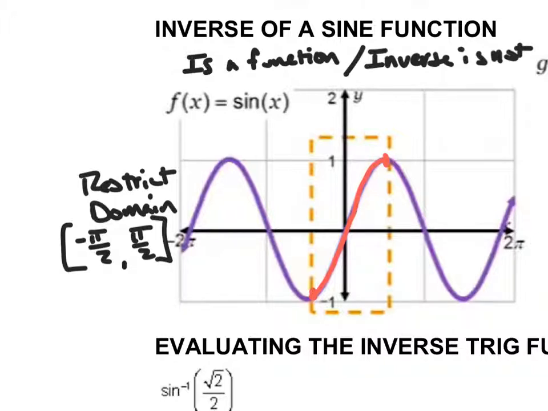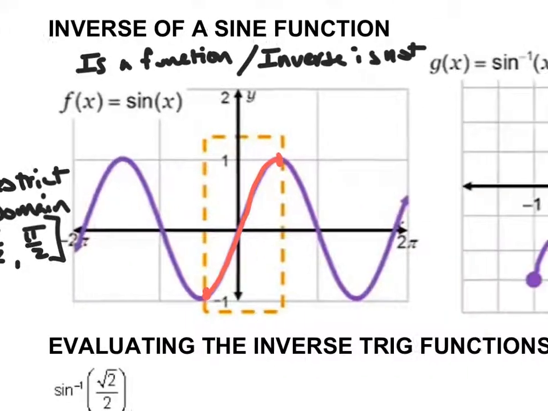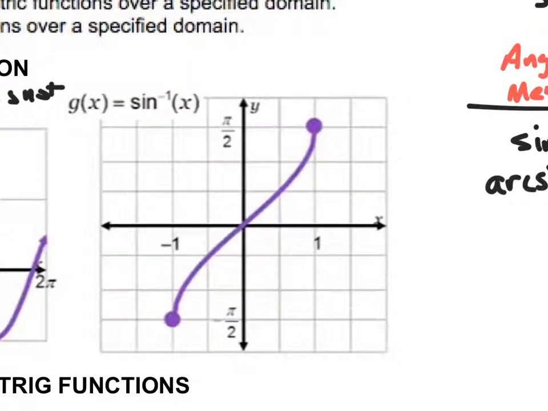And we can tell if the inverse is a function if it passes the horizontal line test, okay? So if I just look at the red part of this graph, it satisfies both the vertical line test and the horizontal line test for us to evaluate these. So in an inverse trig function, when we're solving these, we have to restrict these domains, and we have to look at it from -1 to 1 on our sine function, okay?